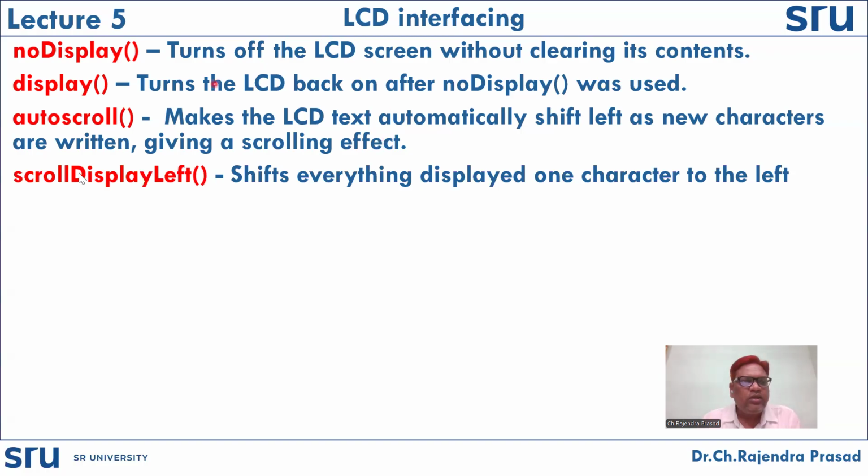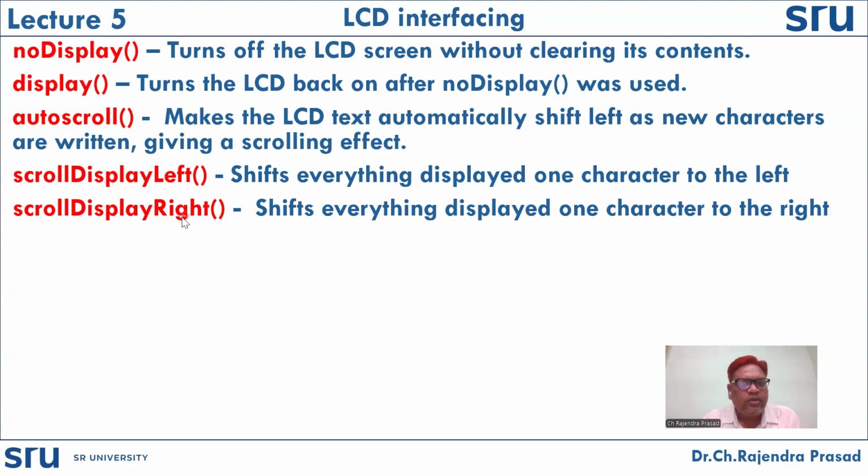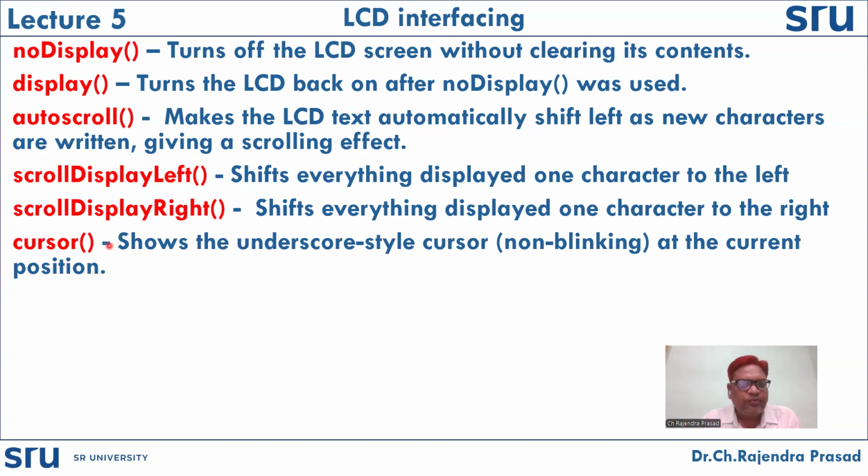And similarly, scrollDisplay. For animation purposes, normally we'll use scrollDisplay. So here scrollDisplayLeft and scrollDisplayRight are available. So we can shift the data right as well as left with the help of these two commands. Then cursor, which shows an underscore-style cursor, non-blinking, at the current position.